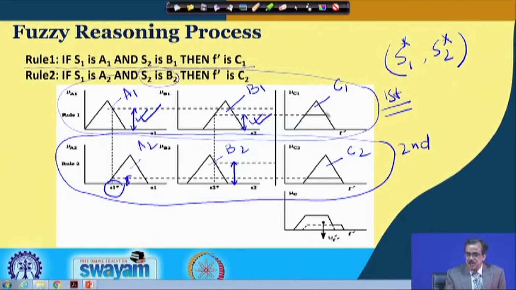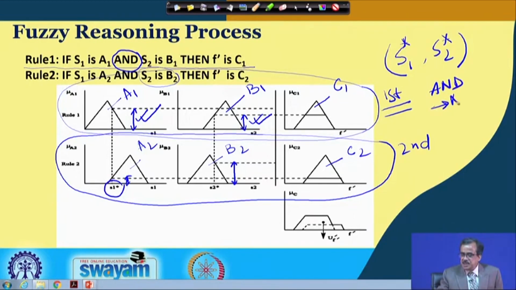That means this is the membership function distribution for the output. Once again, in the first fired rule, we have one AND operator, and the AND operator is the minimum operator.